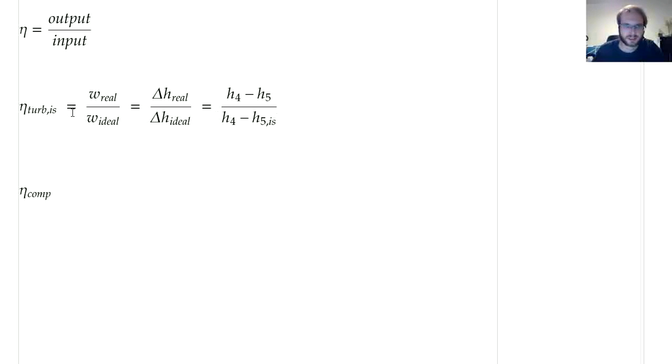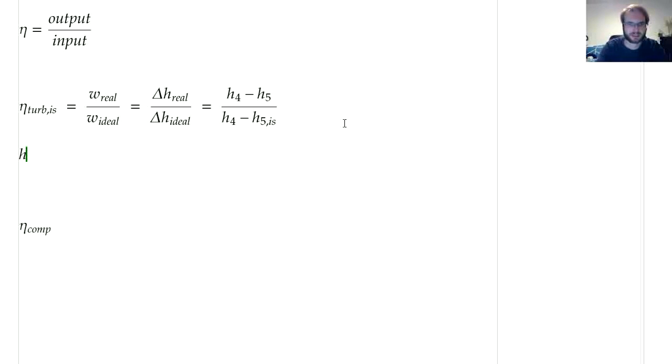And now let's have a look at this equation. We know the specified efficiency of the turbine. We know the H4, that is the inlet. We know the H5 isentropic for the ideal outlet. So the only unknown is the H5.